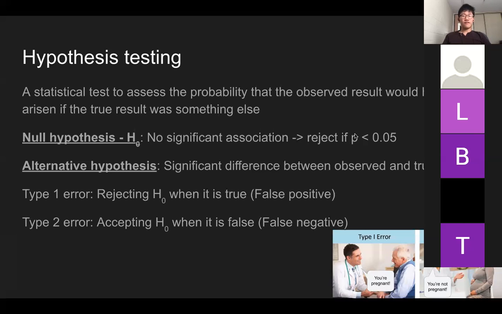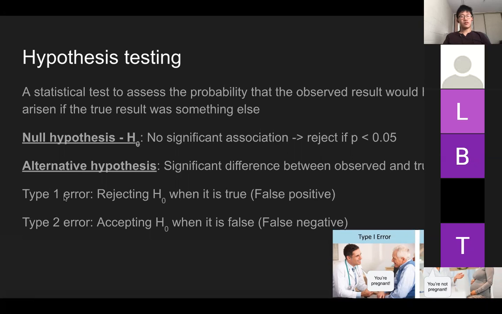Normally you use a p-value of less than 0.05, and if it's less than that amount, you reject the null hypothesis. That's normally something with a 95% certainty, I believe. And similarly, if you reject the null hypothesis, you accept the alternative hypothesis.